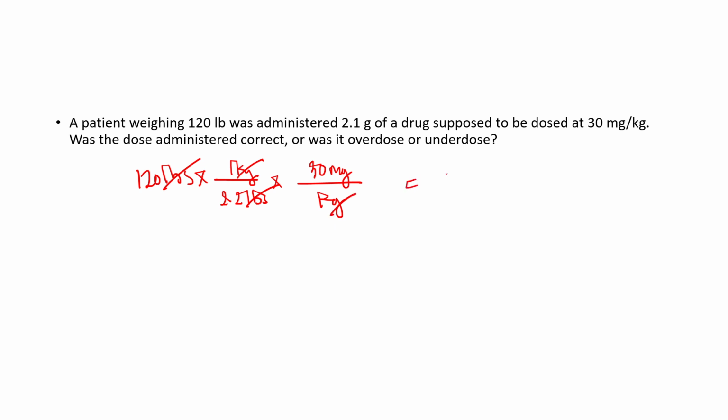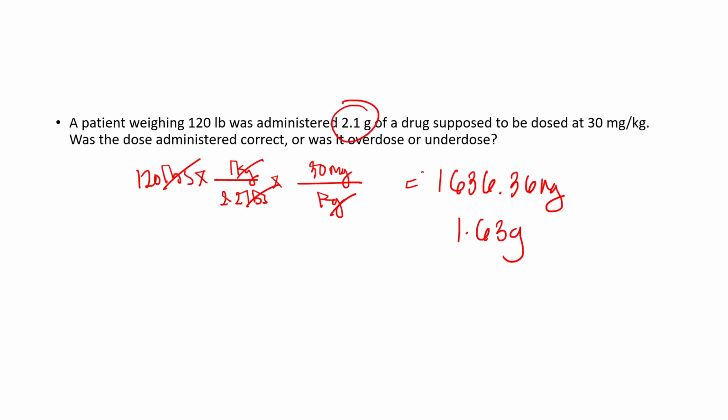So 120 divided by 2.2 times 30 is 1,636.36 milligrams. This is 1.63 grams.